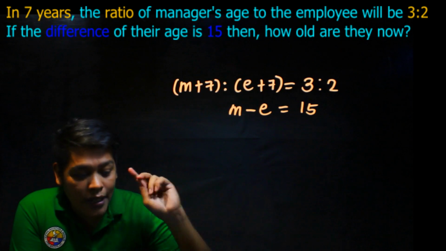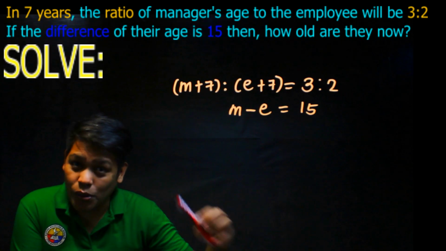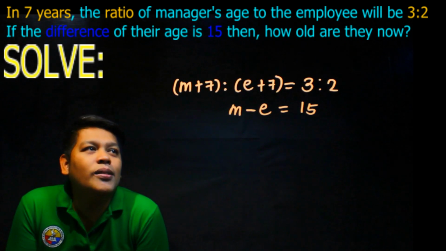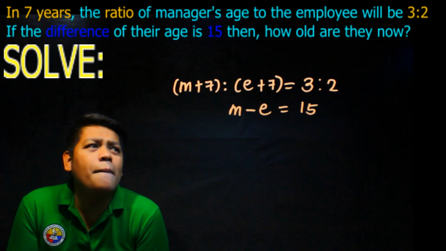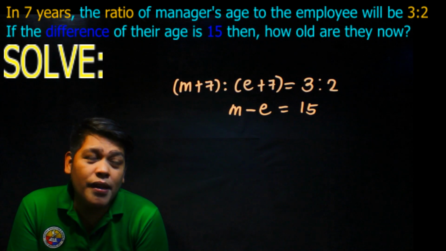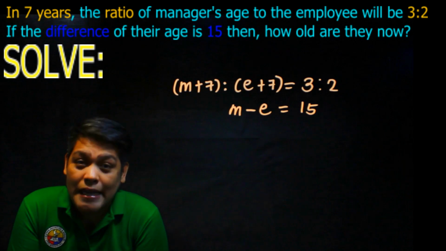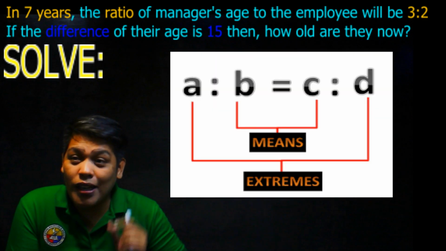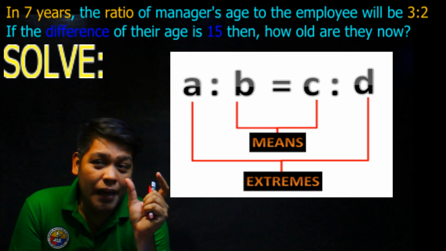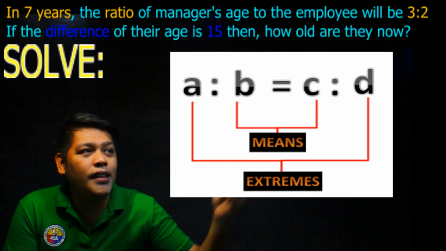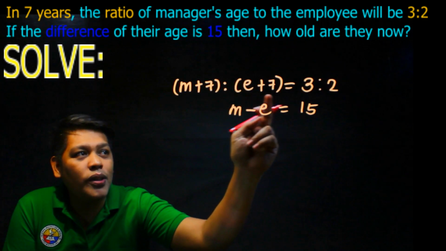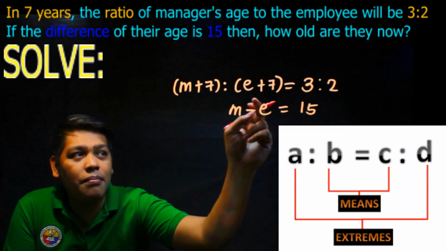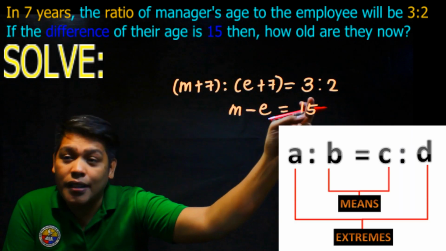Step number 4, we need to solve it. We know that when comparing two ratios, we have means and extremes. The means are the two numbers in the middle, next to the equal sign: E plus 7 and 3.